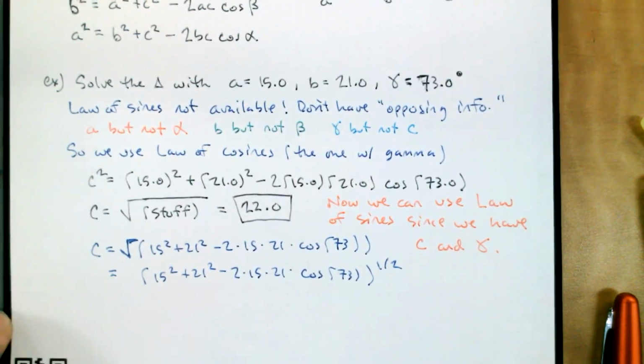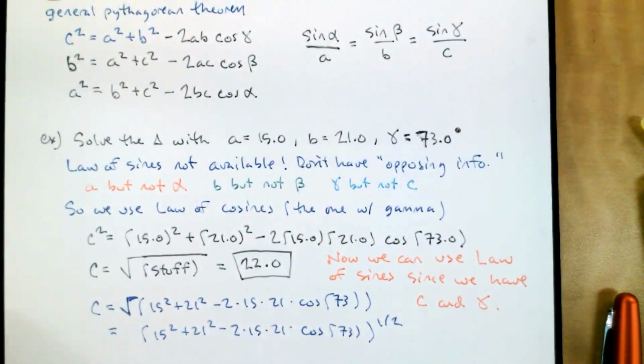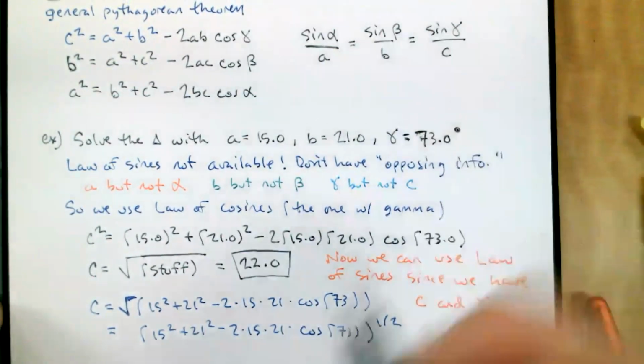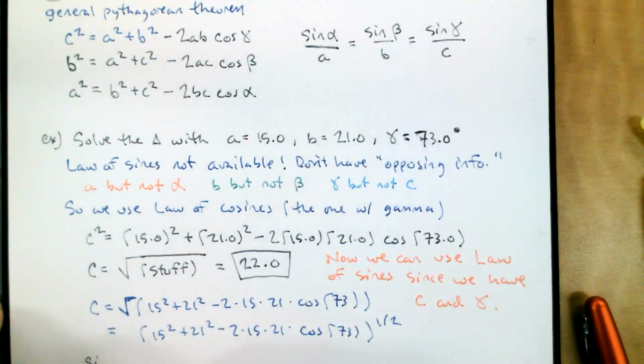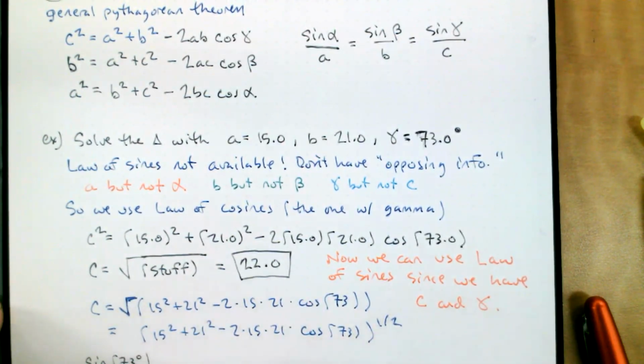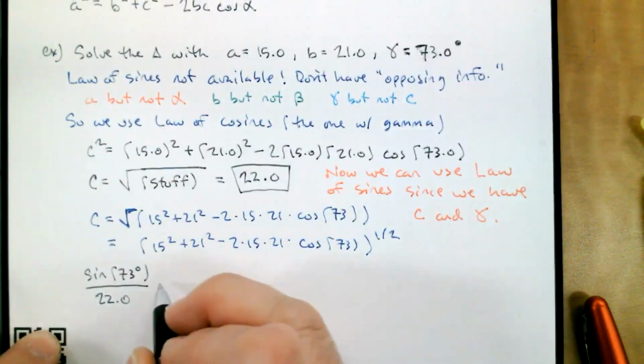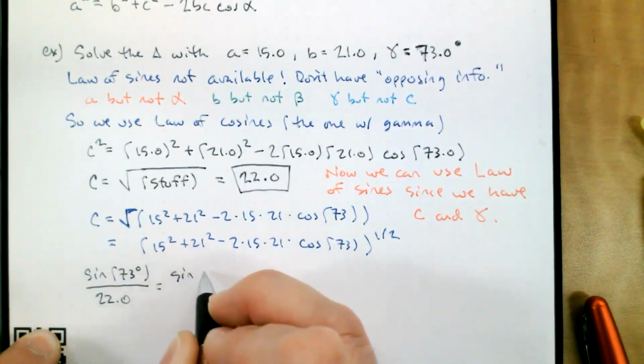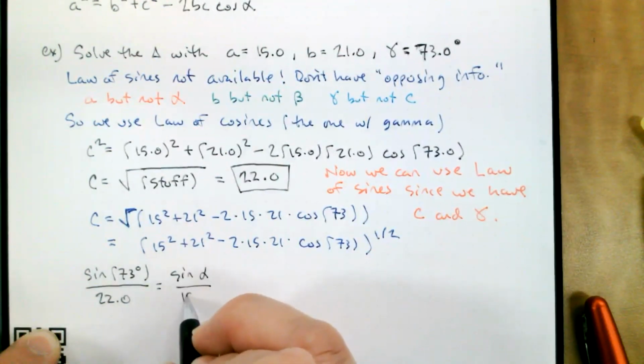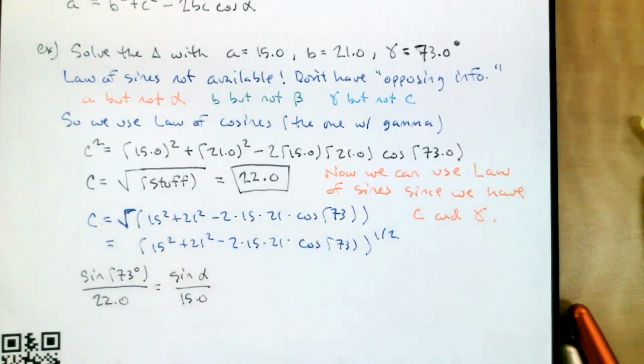Now we're going to find our fifth piece of information, and our best option is going to be the law of sines because I've got gamma and C. So I could say that the sine of 73 degrees over C, and I want to remember that it's rounded, is equal to the sine of alpha over A. So I can use this to solve for alpha.